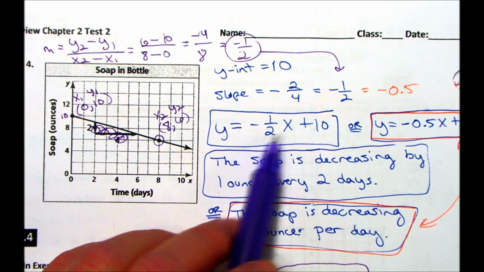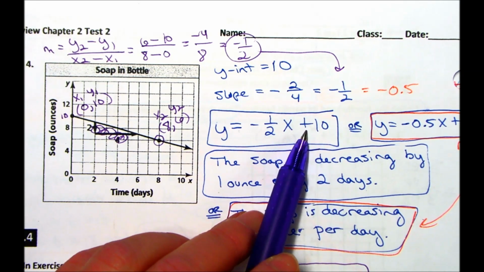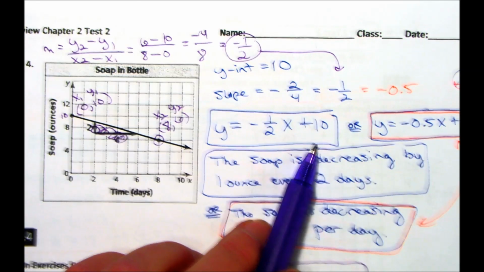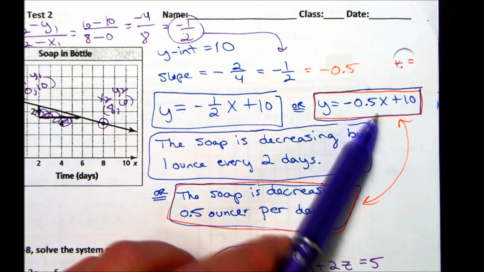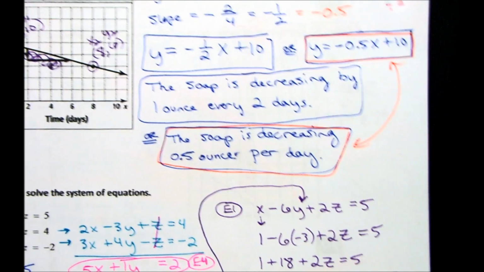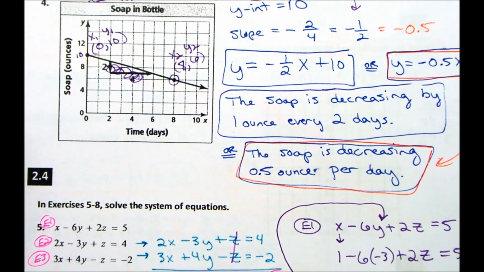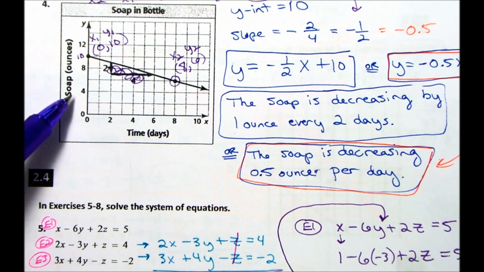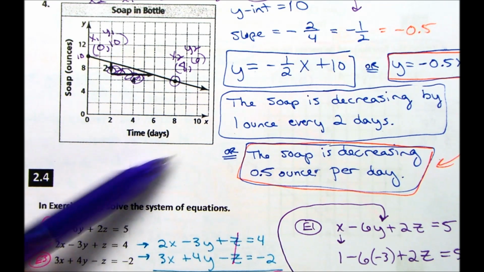So y equals mx plus b, where m is your slope and b is your y-intercept. You could write your equation like this, or you can write your equation like this. Again, I like this description better, because if you look at your graph and you're just trying to describe or interpret the slope, it is in ounces decreasing over time in days.